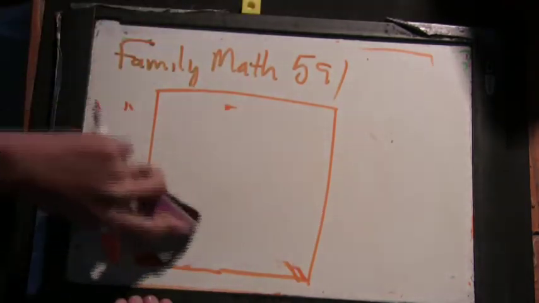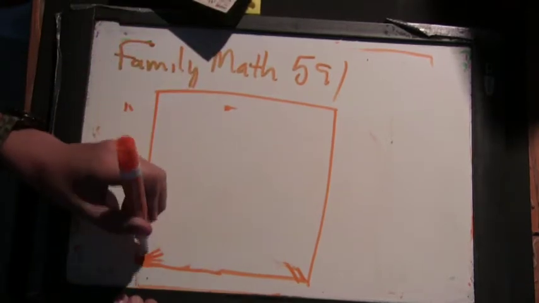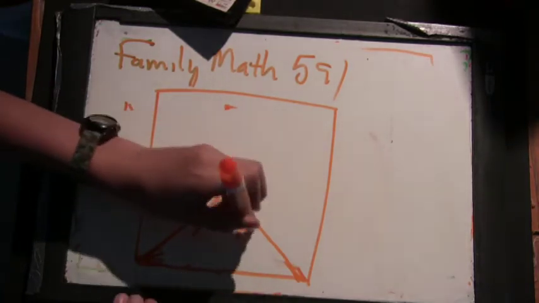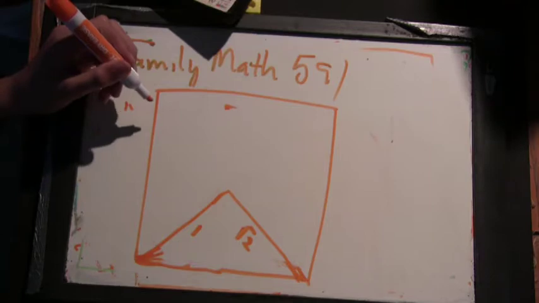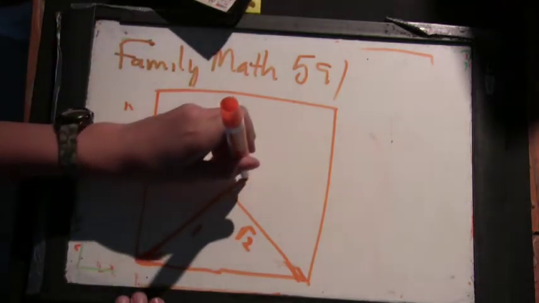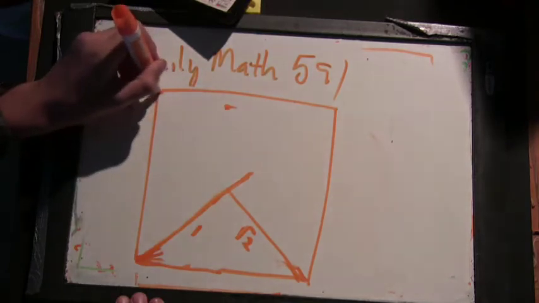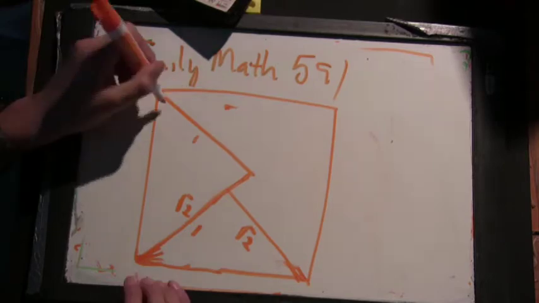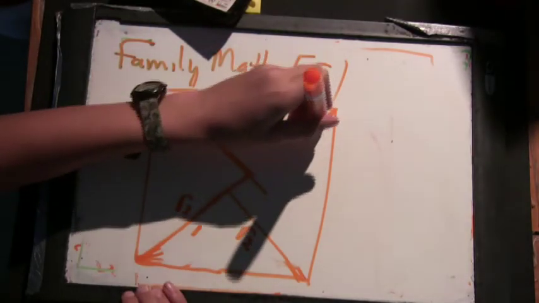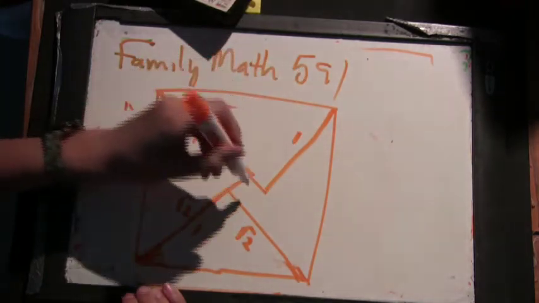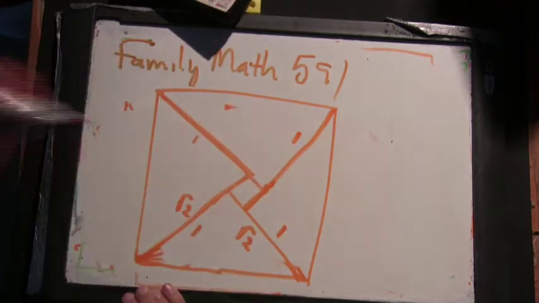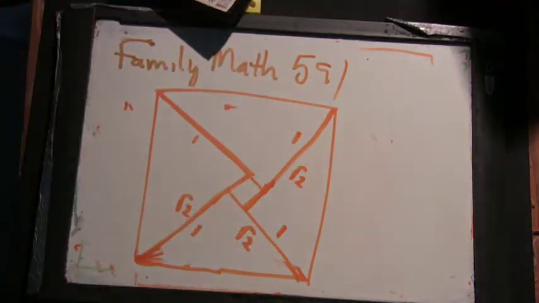You don't have to draw it perfectly. Just draw it approximately how you think it'll work. Alright, there's 1 and root 2. And then I put the root 2 side of the next triangle next to the 1. So 1 and root 2 like that. And then I put the root 2 side here. So I've got 1, and then the root 2 side here, and a 1. Like this. And then I've got this little square in the middle though.